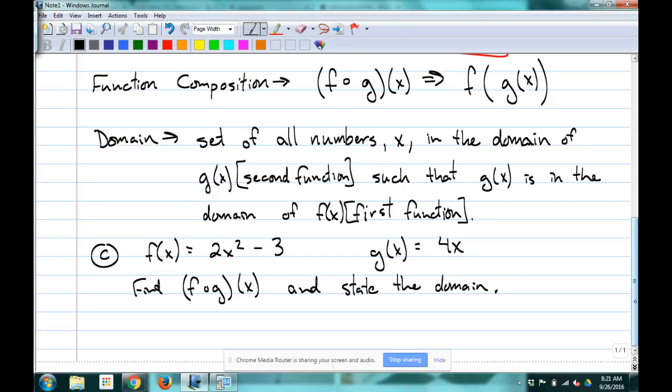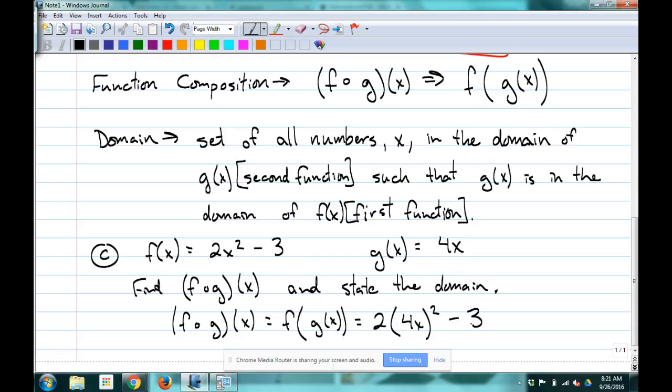Yeah, we're going to compose that function. So f composed with g means we're taking g of x and putting it into f of x, just like the definition says. So the f of x function is 2x squared minus 3. We're going to replace this x with 4x. So that's 2 parentheses 4x squared minus 3.